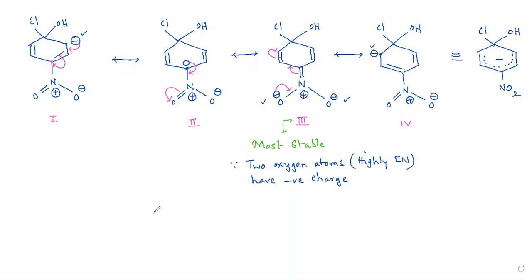The remaining, I mean, 1, 2, and 4, less electronegative carbon has a negative charge.